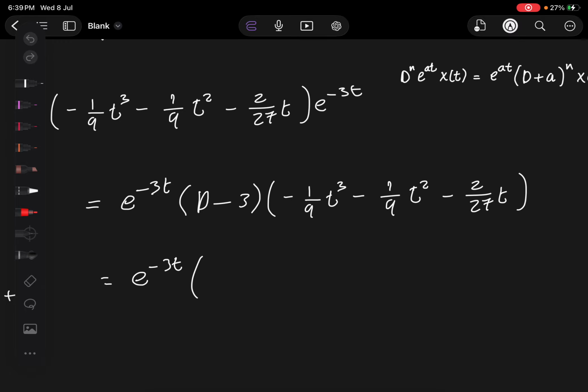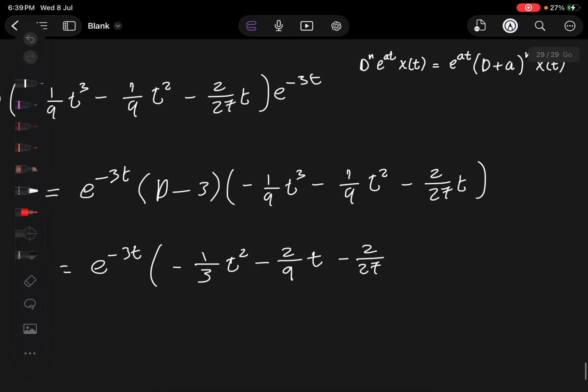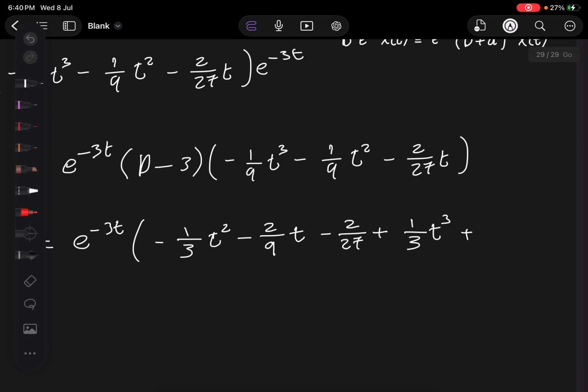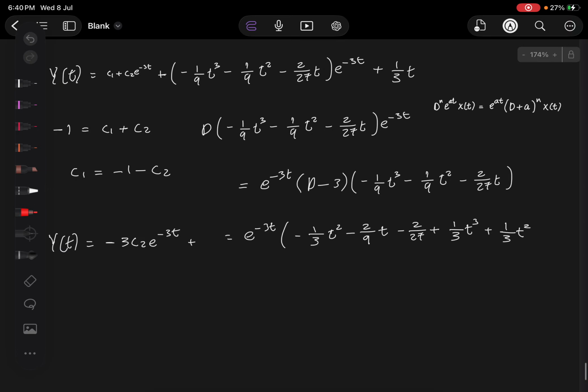So negative 1 over 9 times 3 is negative 1 over 3 t squared minus 2 over 9 t minus 2 over 27, plus 3 over 9 is 1 over 3 t cubed plus 1 over 3 t squared. Oops, I'm out of space.